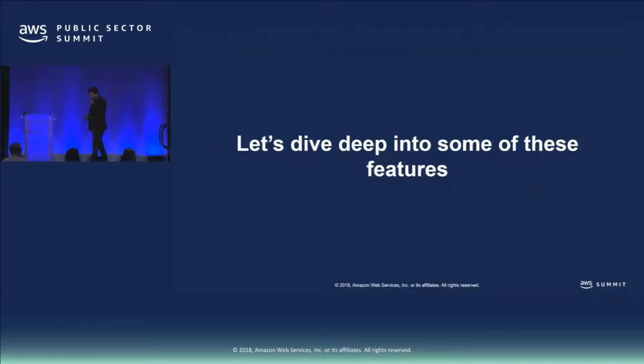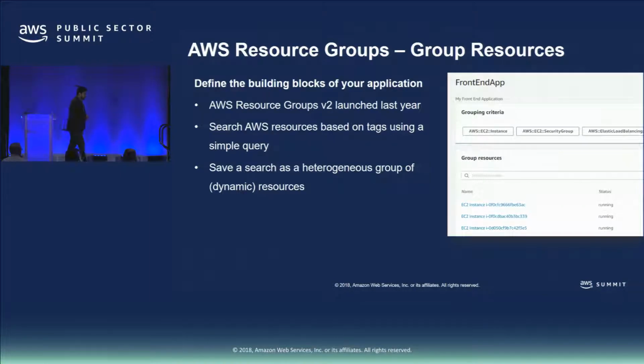All right, so let's dive deep into some of these features. The first one I'd like to talk about is AWS Resource Groups, which is a feature of the Systems Manager service. It basically allows you to group your resources logically based on a matching criteria, such as a tag. And you may know a tag is a key-value pair, so you can just define a tag something like environment equal to production.